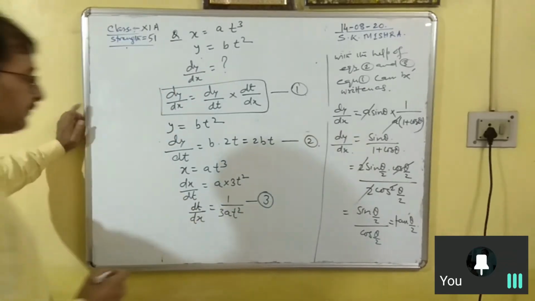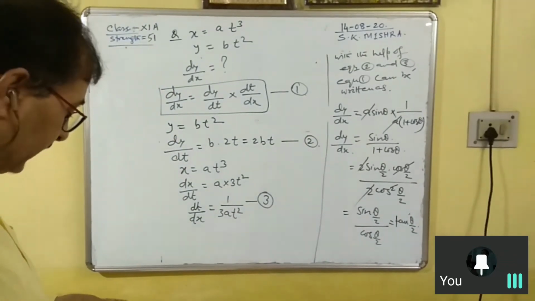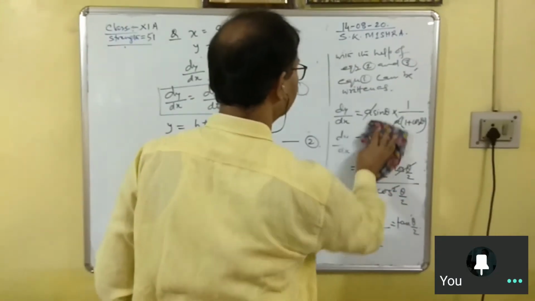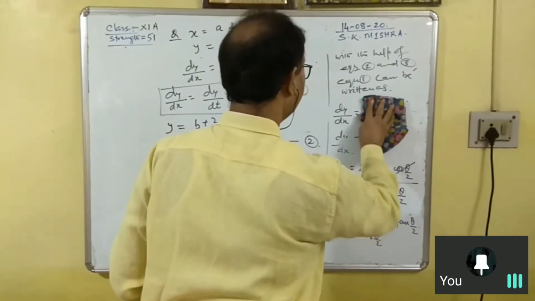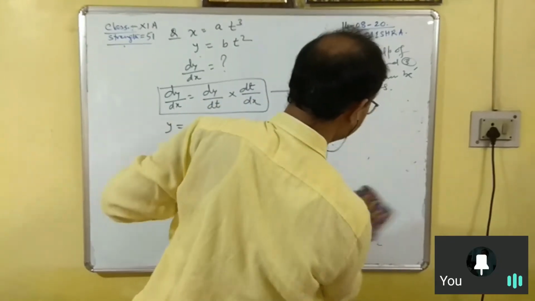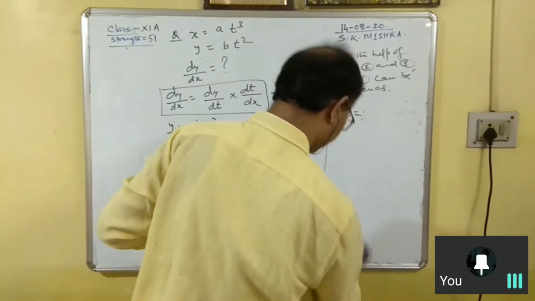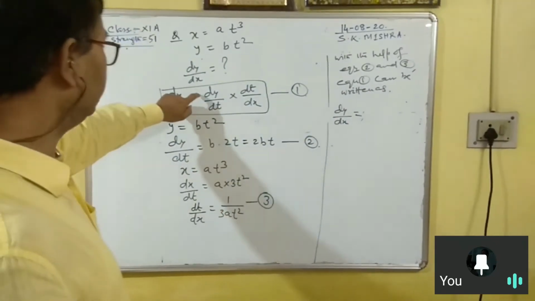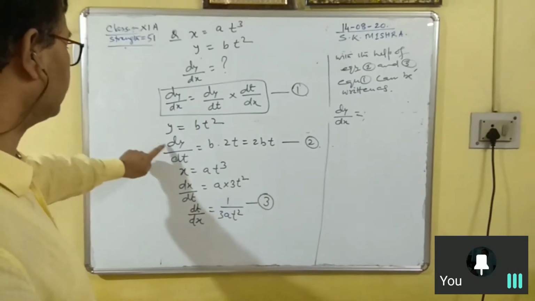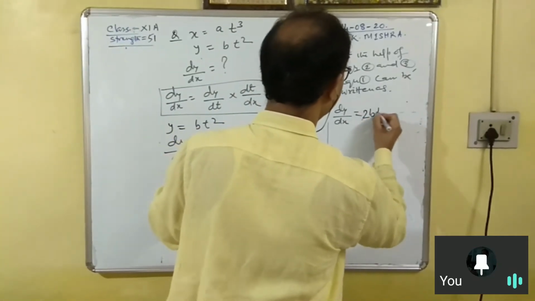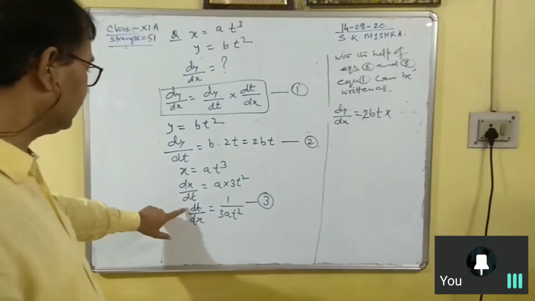With the help of 2 and 3, equation 1 can be written as, now come to this side. Okay, I need not rub the board of this portion. You just write it again in your copy. Then dy by dx is, so dy by dt, take it from equation 2. dy by dt is 2bt, right? 2bt into, what is dt by dx?